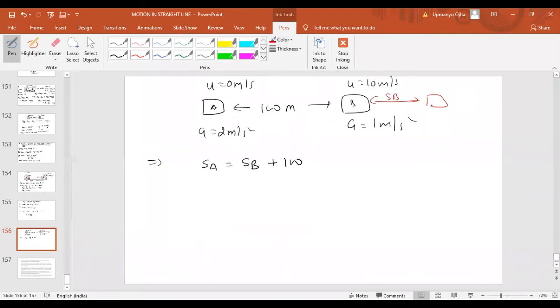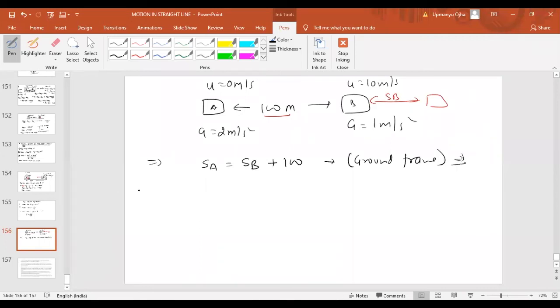So if A has to catch B, it has to cover a distance of 100 meter plus the displacement of B. Then only it can catch B. So I write this equation in the ground frame. In the ground frame, in some time t, B has displaced by SB distance, and A should displace by 100 plus SB distance to catch B.